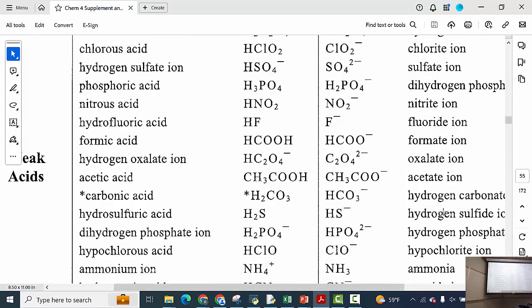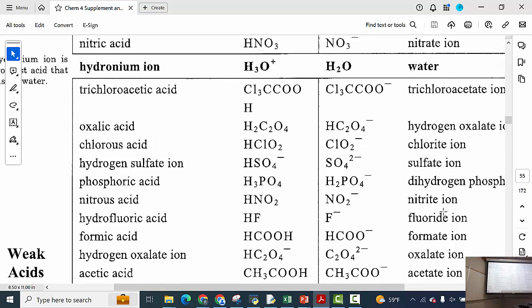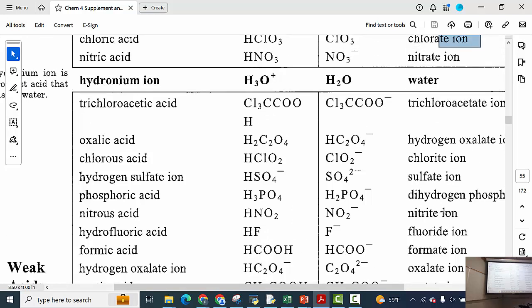So are we supposed to know all of these plus some extra cations? Are you supposed to know all these? Like memorize them? For the test, no, you don't have to memorize them, but you have to know how to derive them. If you don't know how to derive them, then memorize them. If you know how to derive them, then you don't have to memorize them.